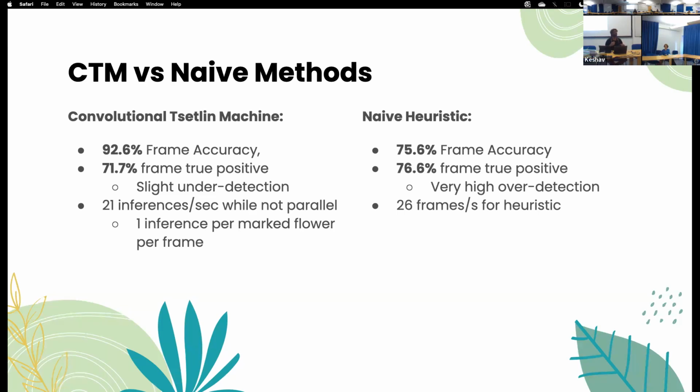The data set I was working with was tagged by Dr. Imogen Ryan, who was working on essentially a study of the effect of pollinator decline on crop yields, specifically of a type of English raspberry, and using that as a ground truth, I was able to create this data set and do this comparison.